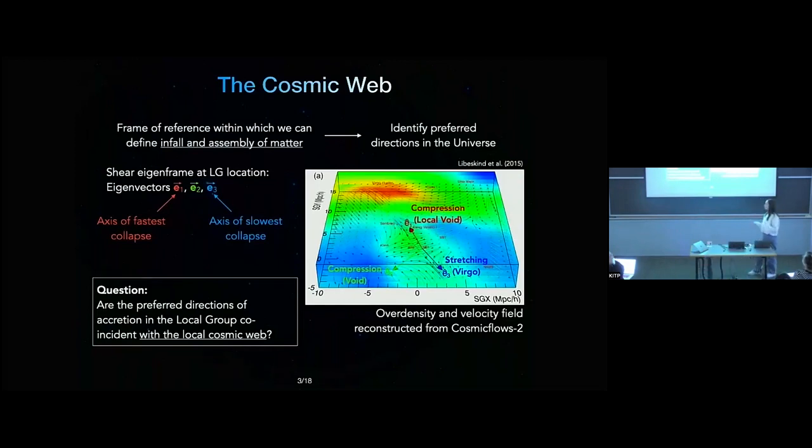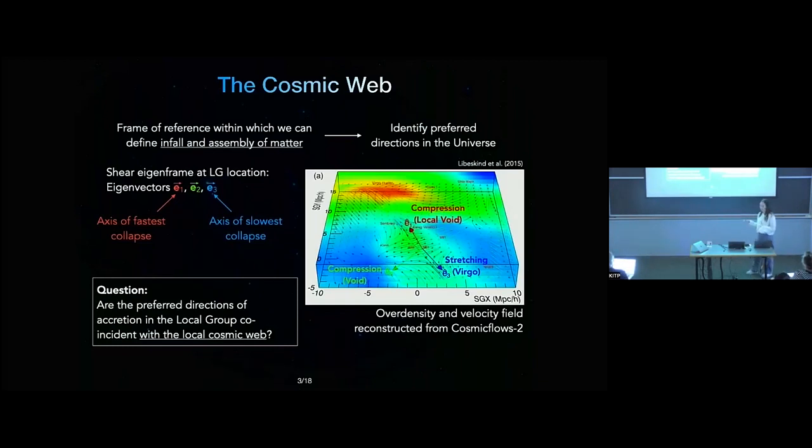Then the cosmic web describes the anisotropic assembly of matter. It allows us to identify preferred directions in the universe. So this plot shows the peculiar velocity and related overdensity field reconstructed from the Cosmicflows-2 data set by means of the Wiener filter methodology.